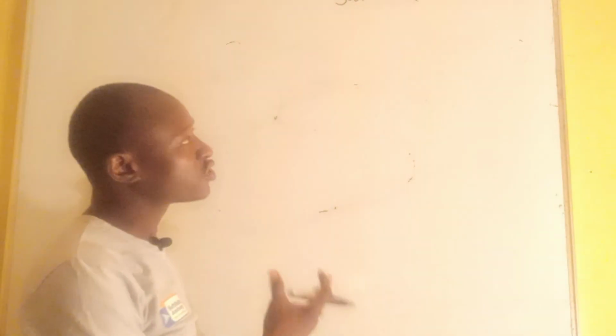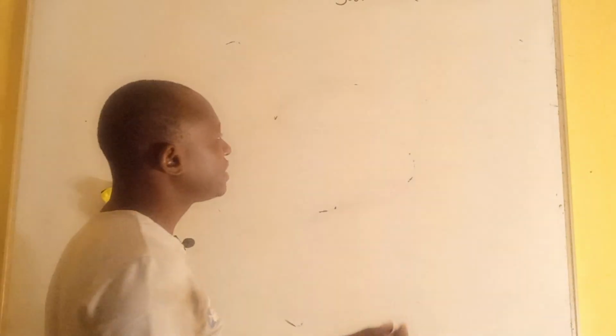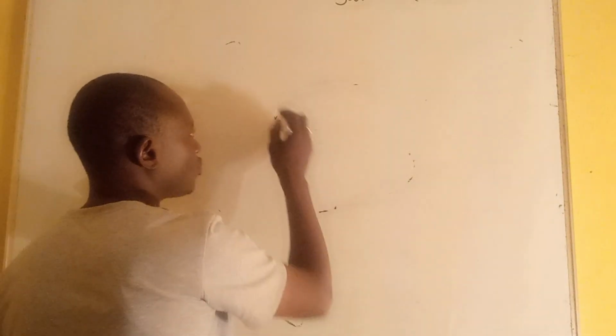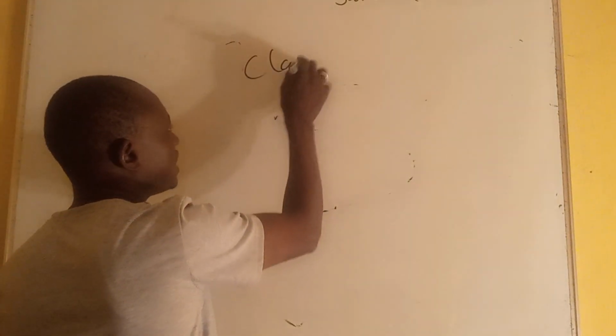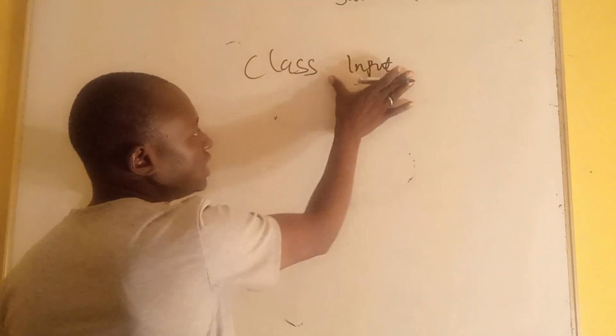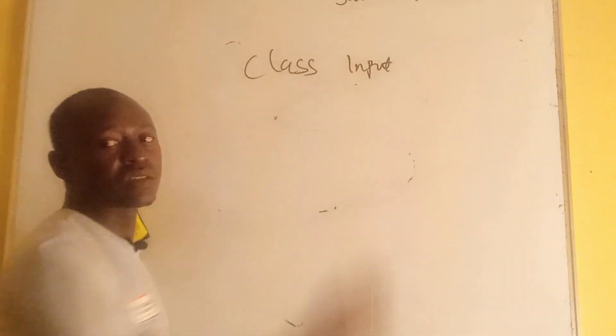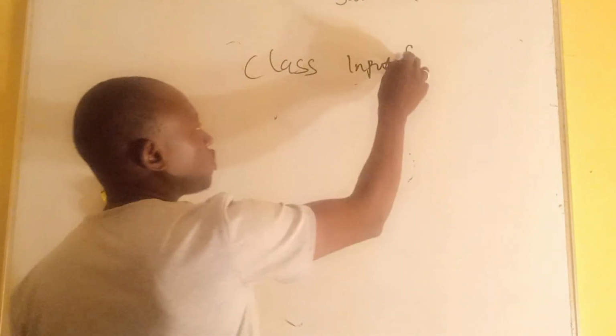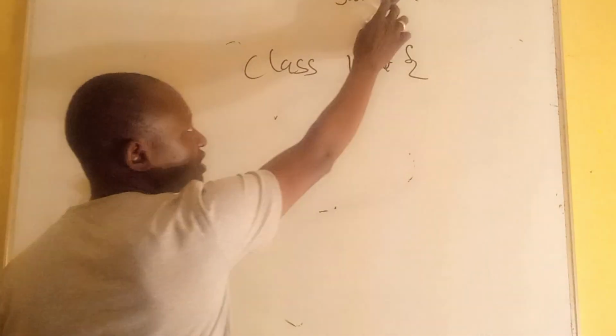So what we are going to do now is write a small program that can accept an integer value from the user. At the beginning of our program, usually we start with a class. Let's say we set class Input. This is the blueprint. Class Input, right? But we need to import this, isn't it?